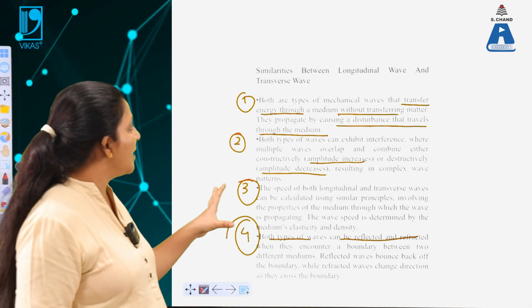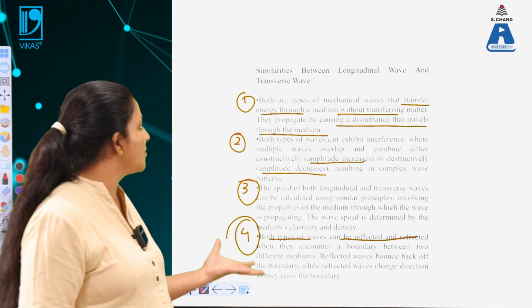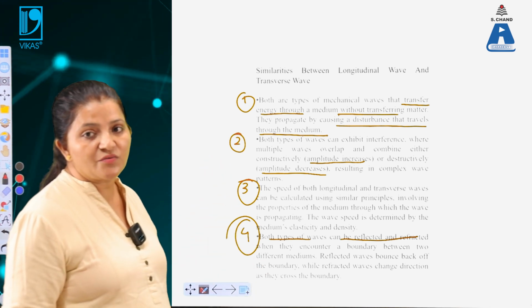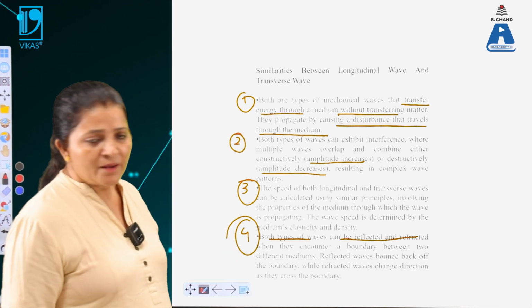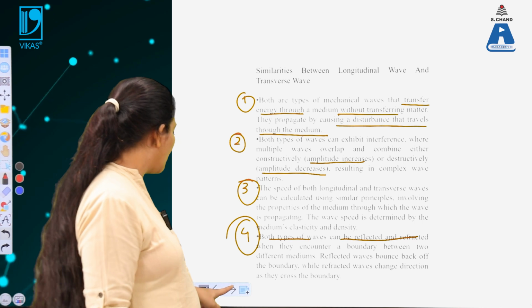Depending upon that, the properties of longitudinal and transverse waves can be encountered. So these are the similarities between the longitudinal wave and the transverse wave. In some cases, they are the same also.